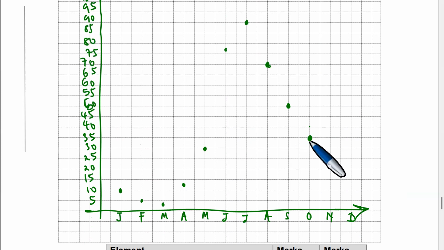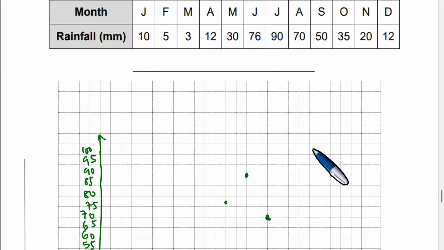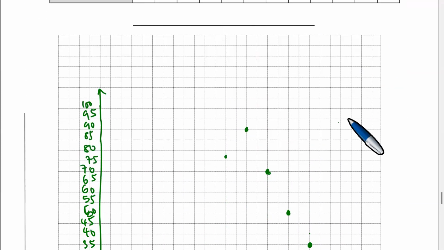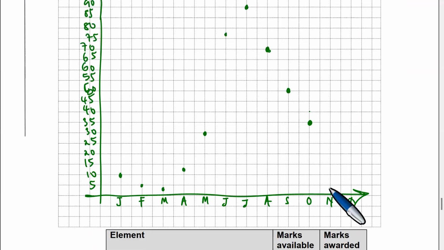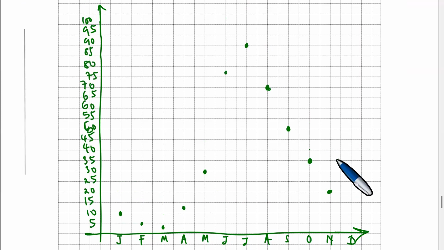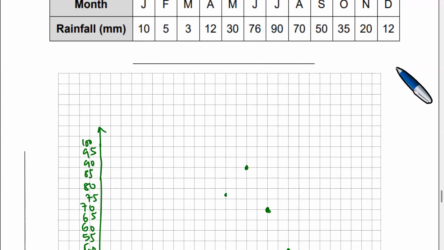October. Next. November is 20. 20 is here, then go to November. December is 12.